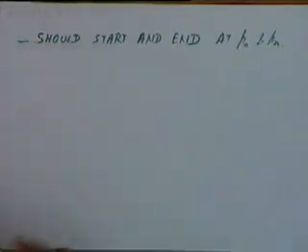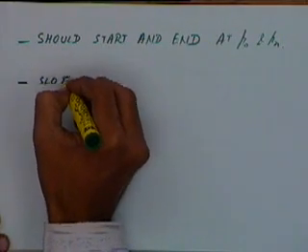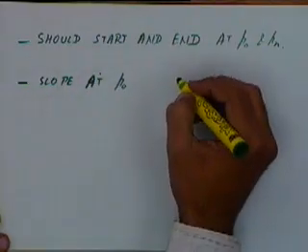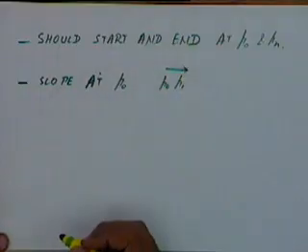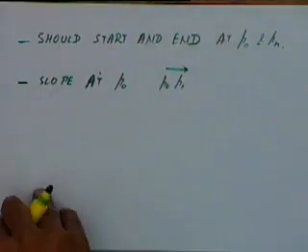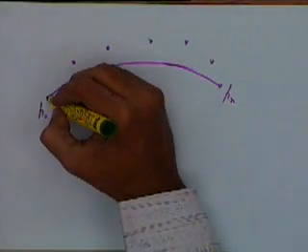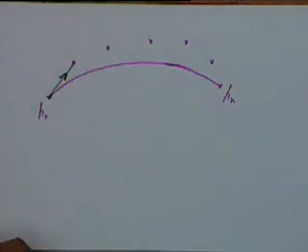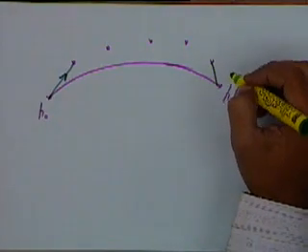The other property that we desire from these curves is that the slope at P0 should be given by P0 P1. That means at this point the slope should be given by this vector, and at this point the slope should be given by this vector.